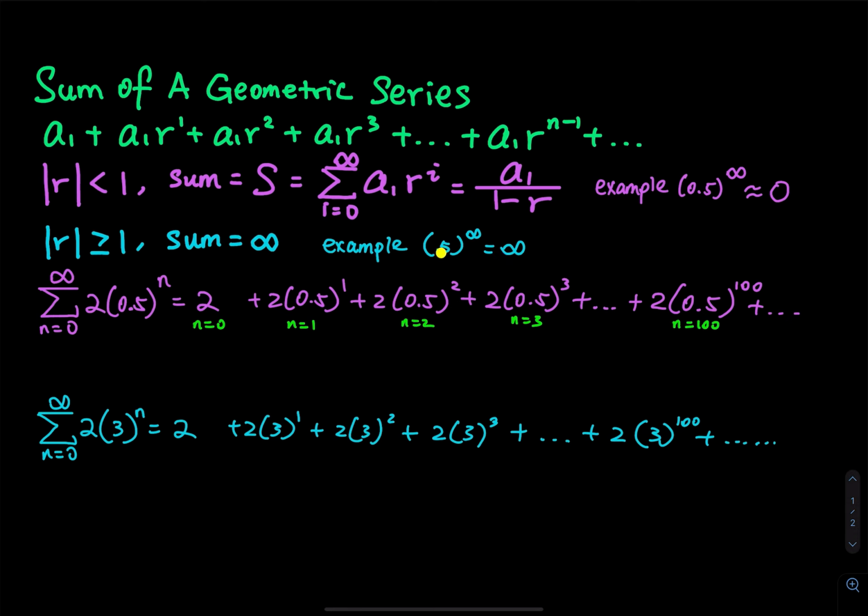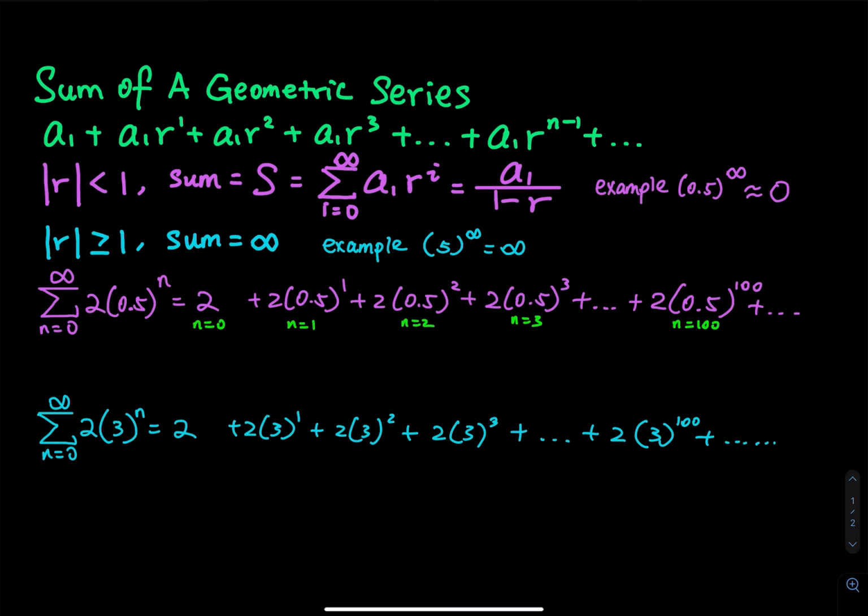So you are adding up a bunch of large values. That's why the sum is infinity. On the other hand, when the absolute value of r is less than 1, raising it to a very large exponent gives 0. So as you move to the right, you are just adding up a bunch of 0s. That's why the sum is not going to be infinity.